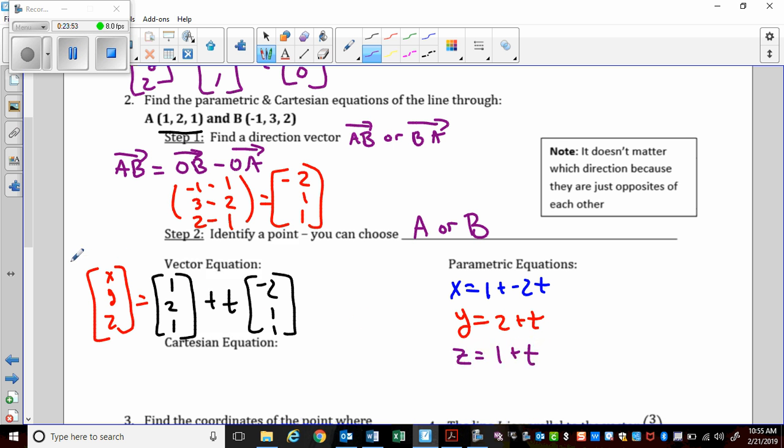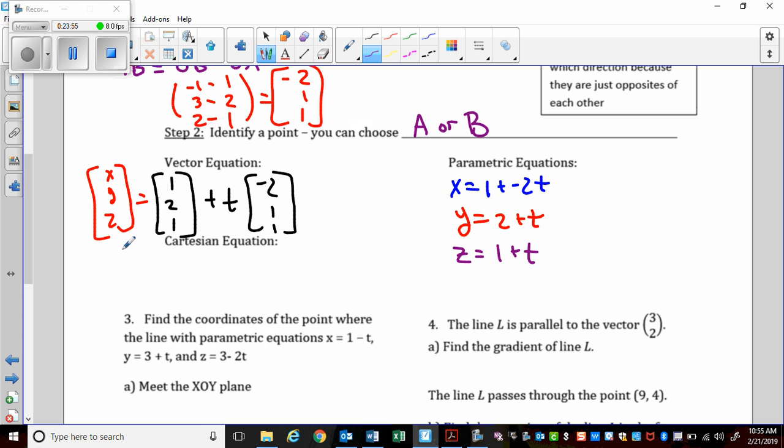There you go. My Cartesian equation is going to be x minus x naught over a, which is -2. And we have y minus y naught over 1, because that a is 1. And z minus z naught over 1.